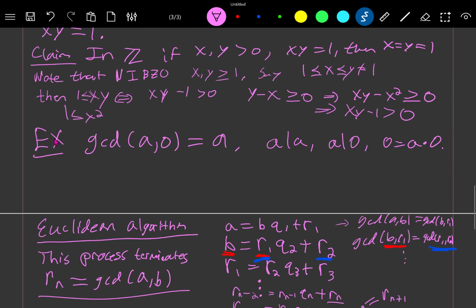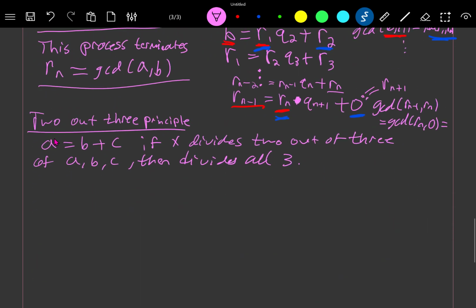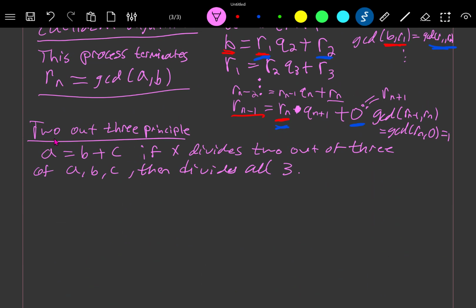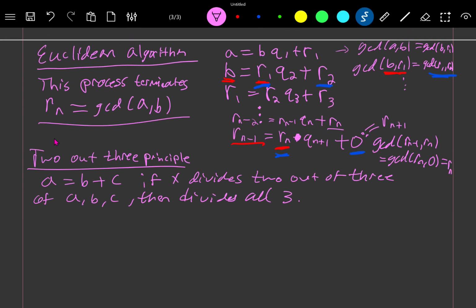But we saw up here that the GCD of anything and 0 is itself. So this is R_n. So if you just continue the string of equalities going up, you have that the last non-zero remainder is the greatest common divisor. So that's one part of it. So we have that R_n is the GCD of A and B.